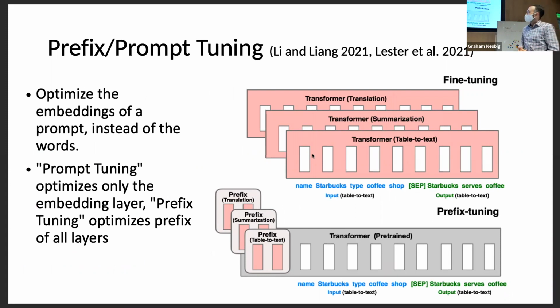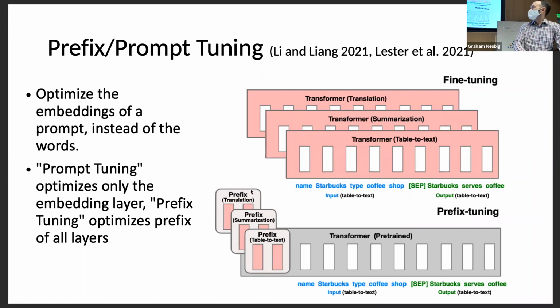So the next thing is called prefix or prompt tuning. And so this is search for prompts in continuous space. And the interesting thing about this is now they've completely given up on natural language prompts.